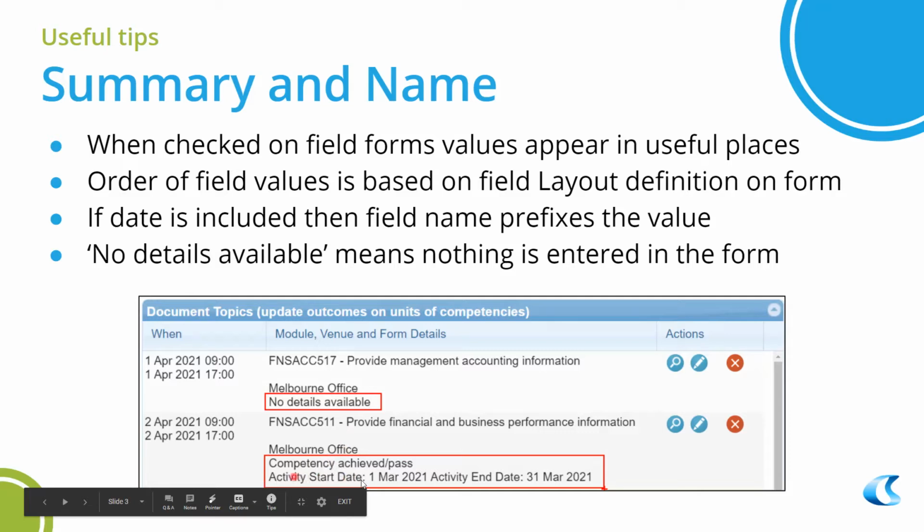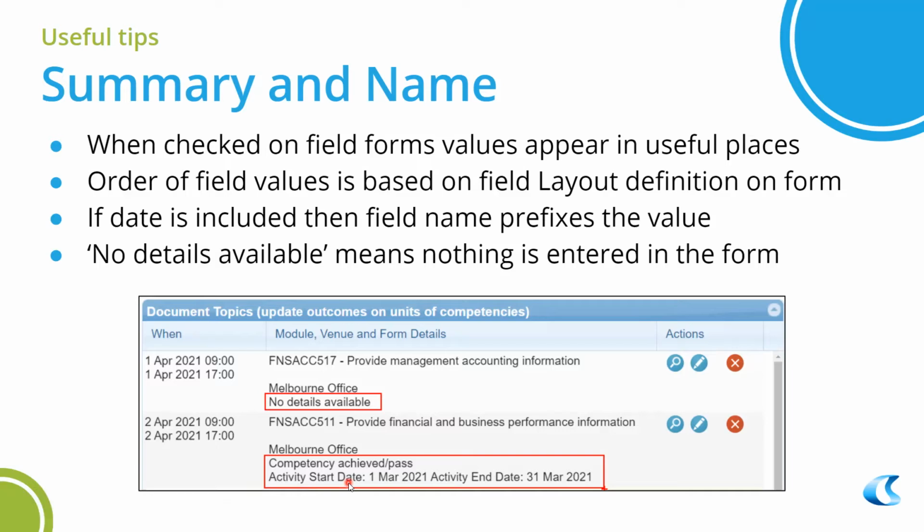And we can also see here someone selected the start date of the activity and the end date of the activity. Now, when it says the order of field values is based on the field layout definition on the form, that means that where these appear, that is to say that appears first and that appears second, is defined on the form. And this is the document topics form in this particular case.